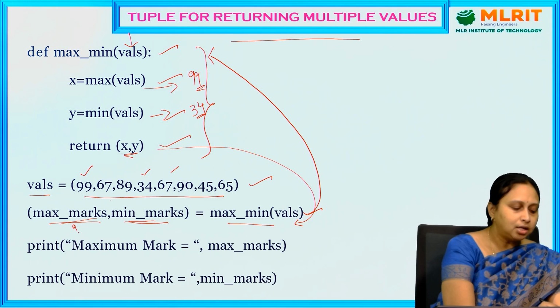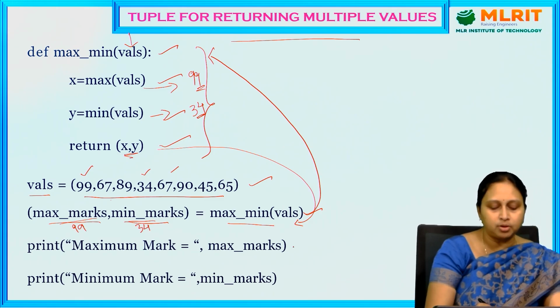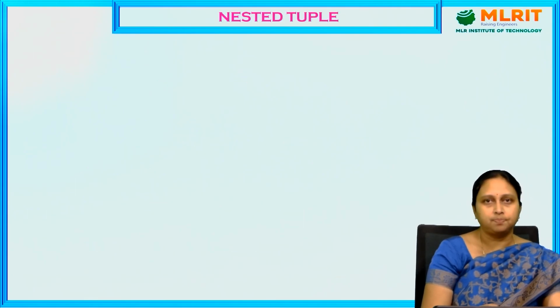If I try to print maximum and minimum values separately, it will print 99 and 34. This way, we can access multiple values at a time from the tuples.